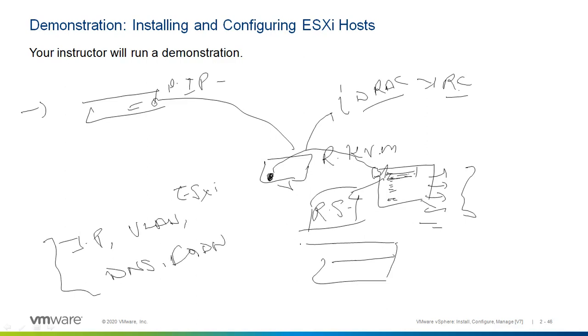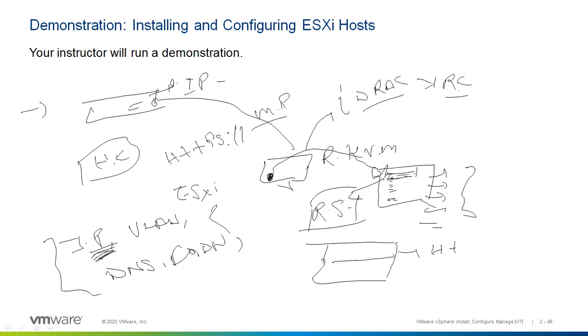Once it's installed and you do the basic settings, then you just do HTTPS from your laptop and put the management IP that you have configured for ESXi management. Do HTTPS, access it, and you will be able to access the host client. So from that host client, the rest of the settings you can take care of there.